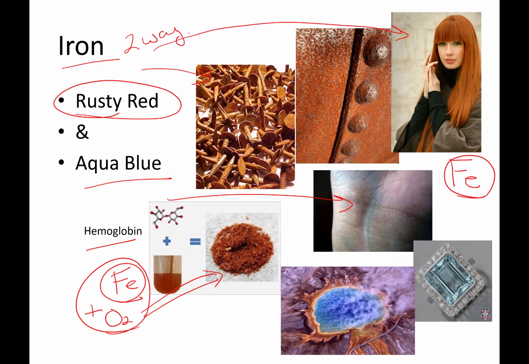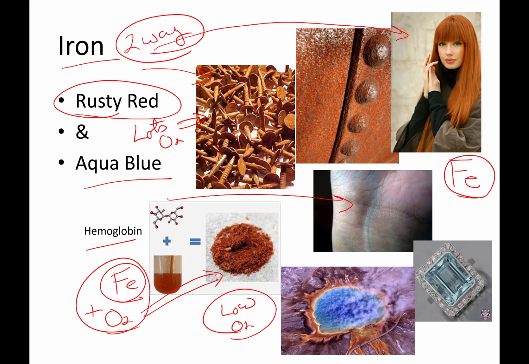It has two different ways of bonding. And if you have iron bonding with lots of oxygen, it makes this rusty red color. If it bonds in a low oxygen environment, it makes this aqua blue color, which is where the aquamarine gemstone comes from, where the blue comes from in your veins.